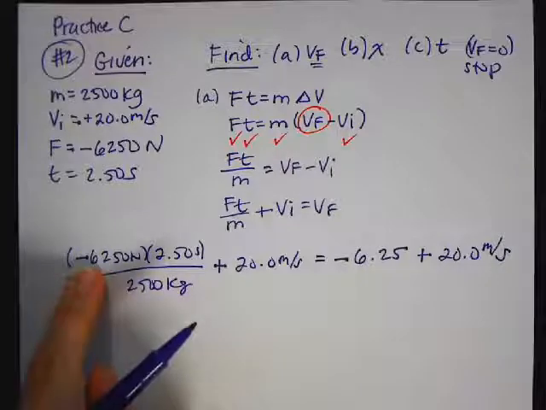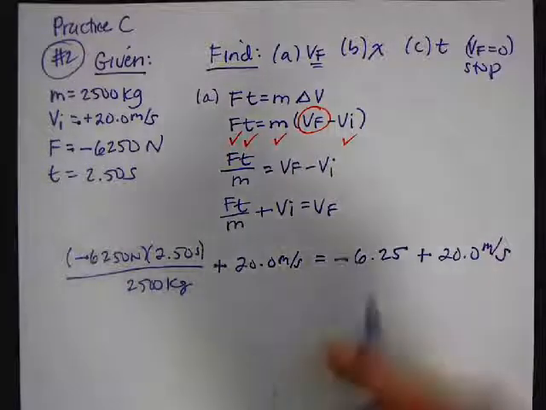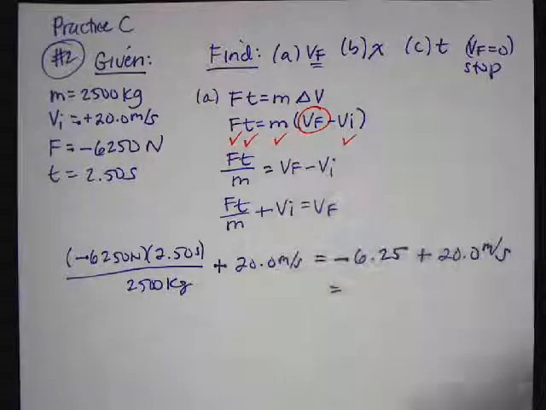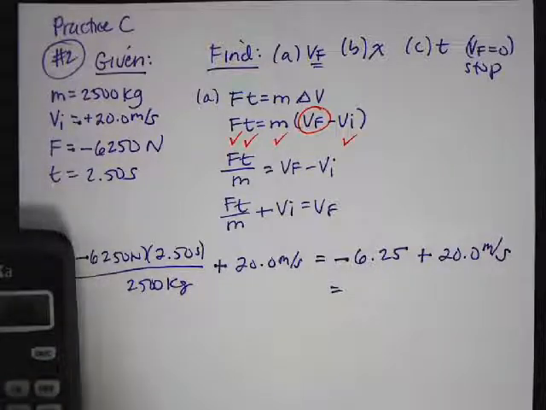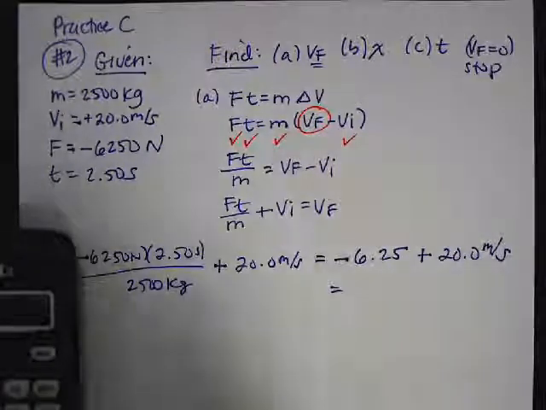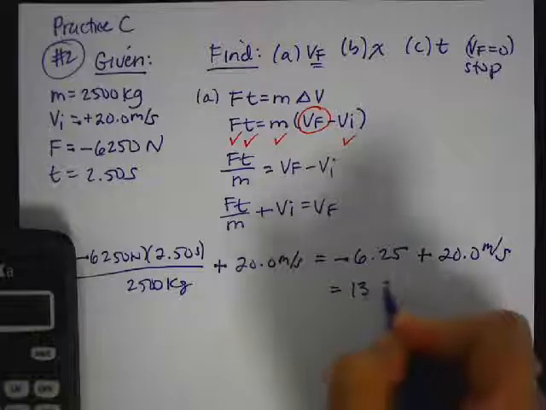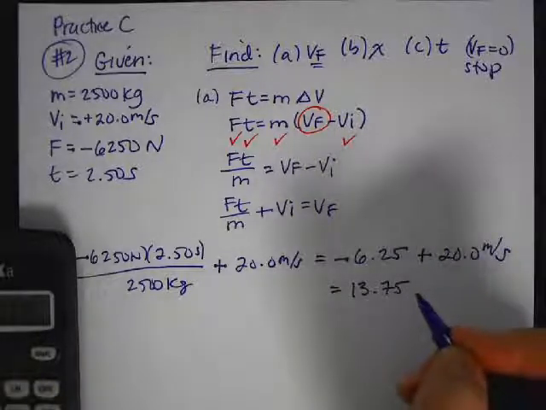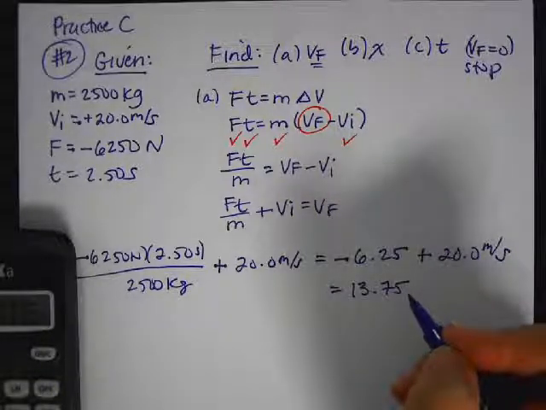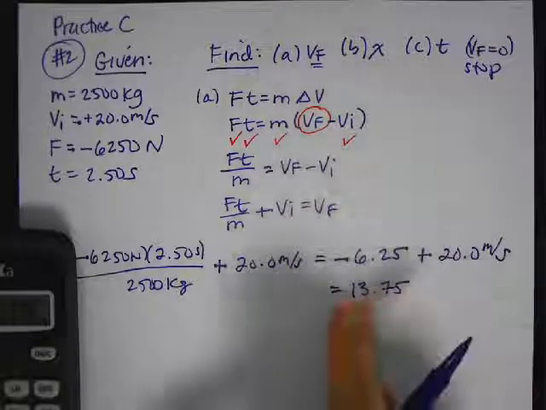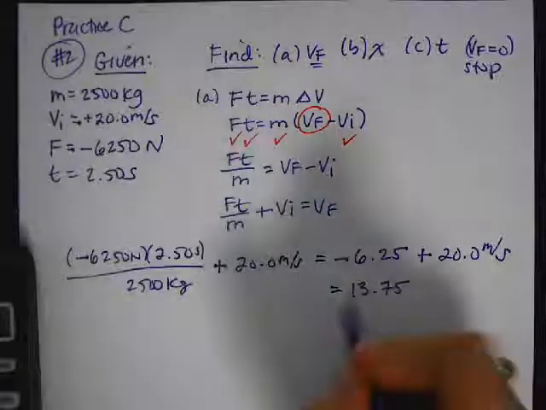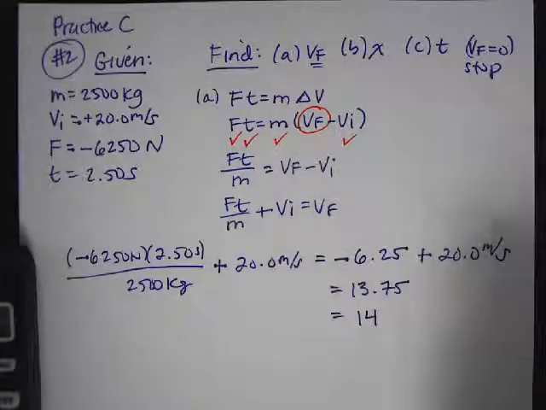If you didn't make this negative, your answer is going to be completely wrong. On my calculator, it comes out to be 13.75. But when we round it to two significant figures, we round it to 14.